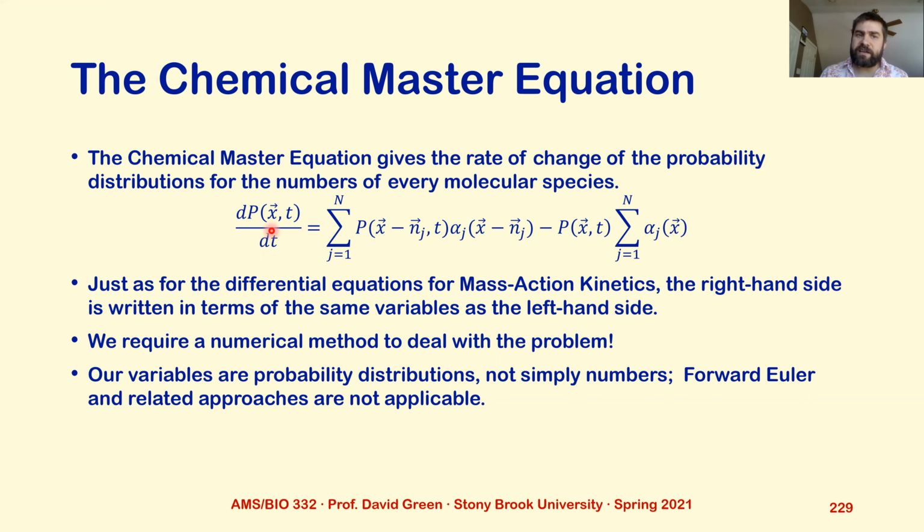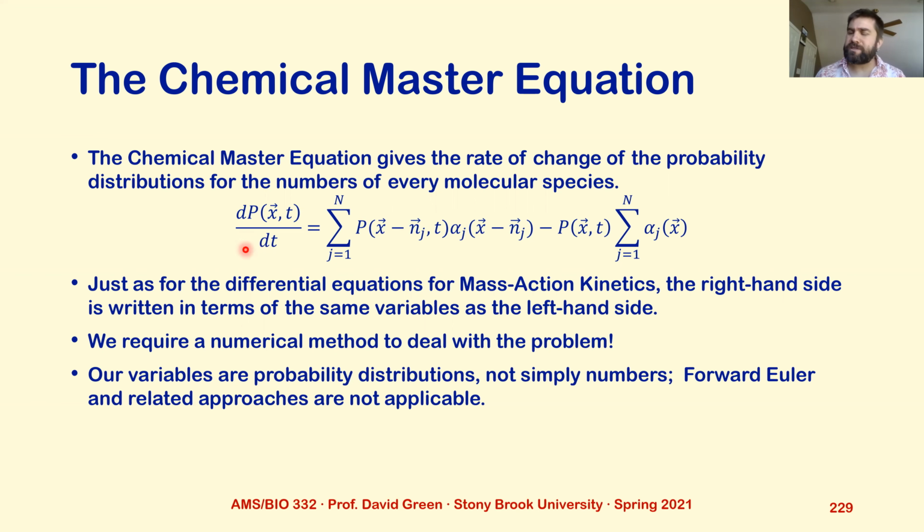In mass action kinetics, our differential equations were derivatives of a set of numbers that vary with respect to time. One number for each equation, simply the concentrations. And the Forward-Euler algorithm and related approaches give us a path for integrating that kind of differential equation.